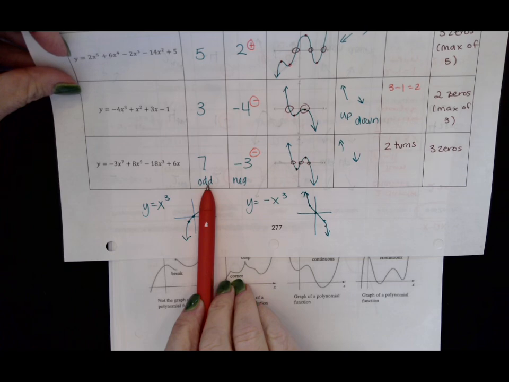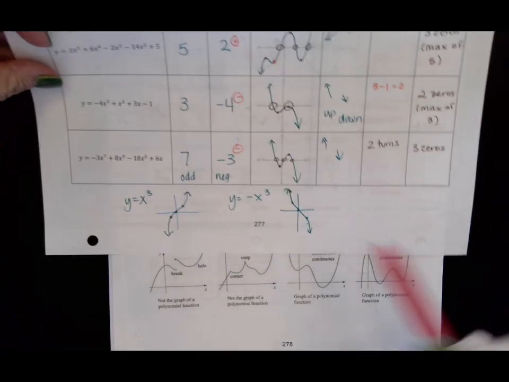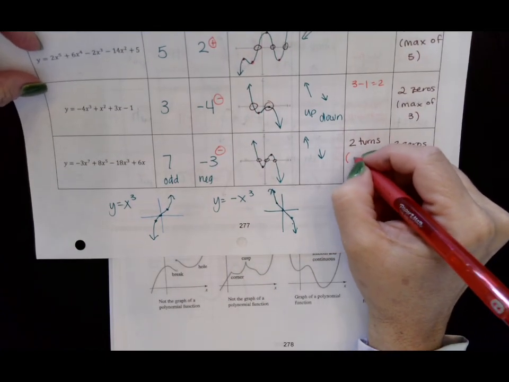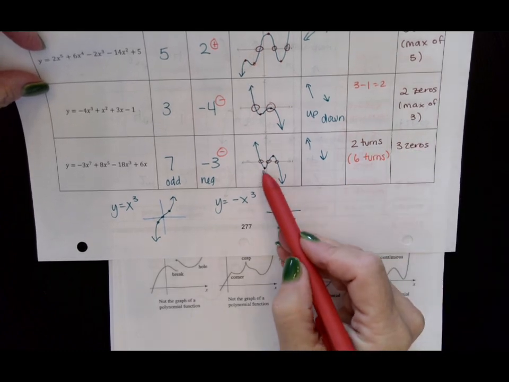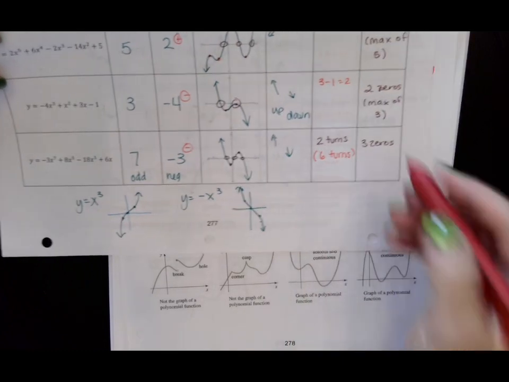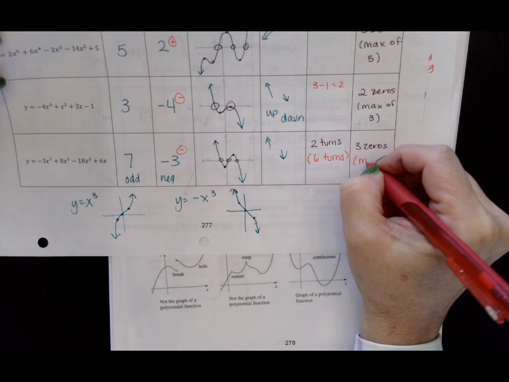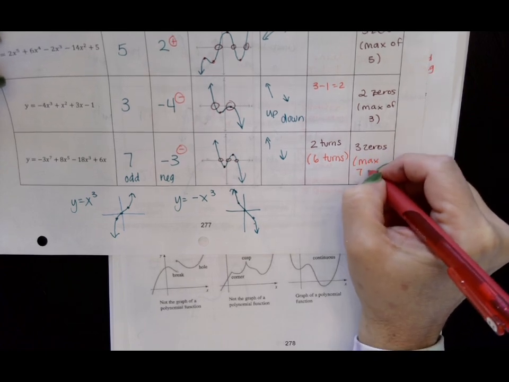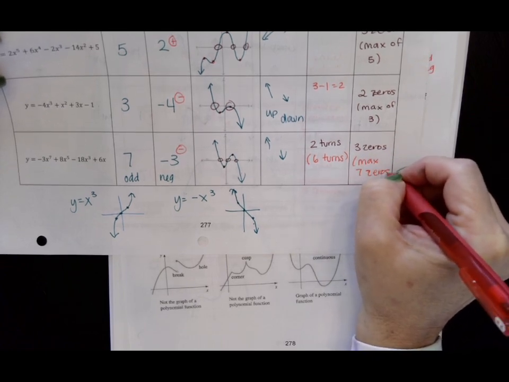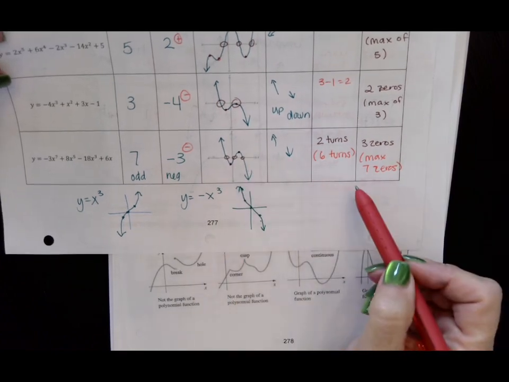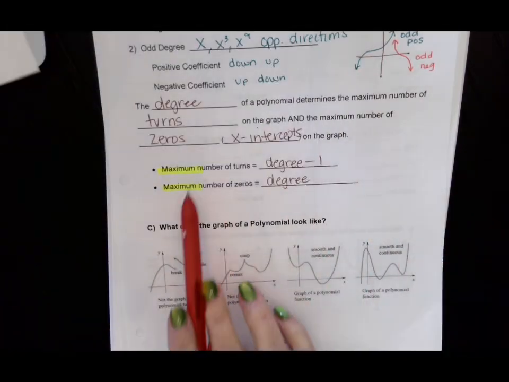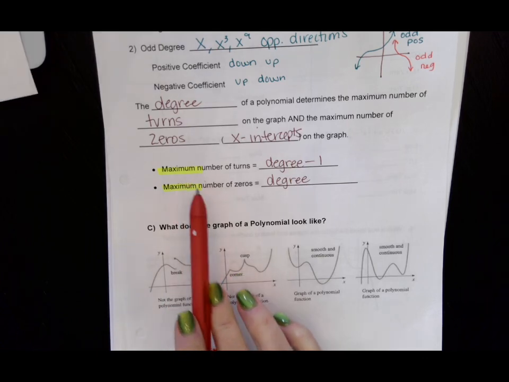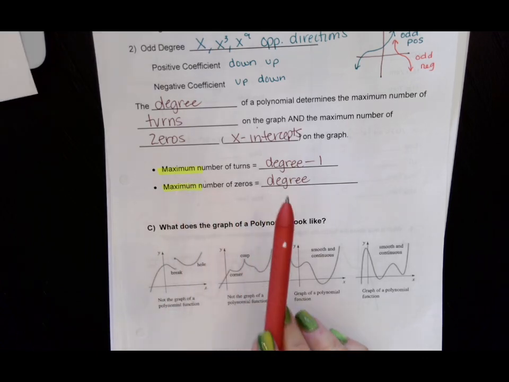So I could have had 6 turns. I didn't, right? I only had 2. And this says I could have had a max of 7 zeros. And again, I didn't. I only had 3. So when we're talking about the number of turns and the number of zeros, that's always the maximum number that you can have. All right?